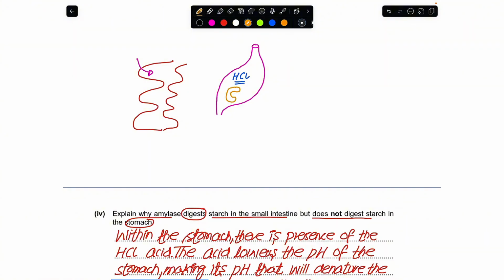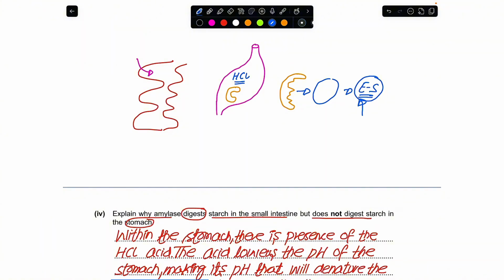When it is denatured, the enzyme loses the shape of its active site, and when the active site shape is lost, it cannot bind with the substrate molecule. As a result, no enzyme substrate complexes would be formed, and ultimately the starch cannot be broken down. So this was the first approach.